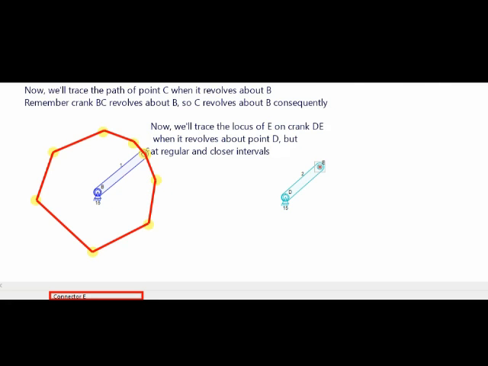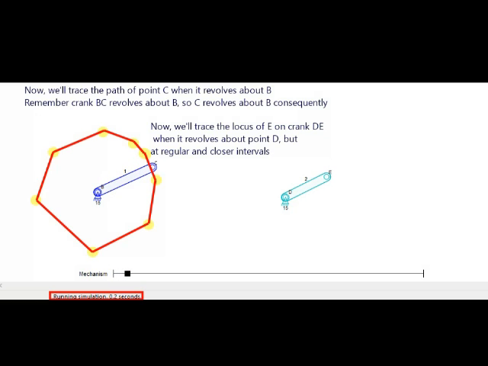So now let's use regular intervals. Which should we use? Let's use 0.2. So after 0.2 seconds, first let's take the locus of the start point. So after 0.2 seconds, take this point. Then next one 0.4.